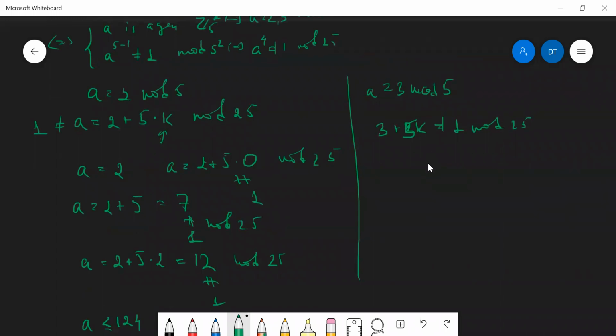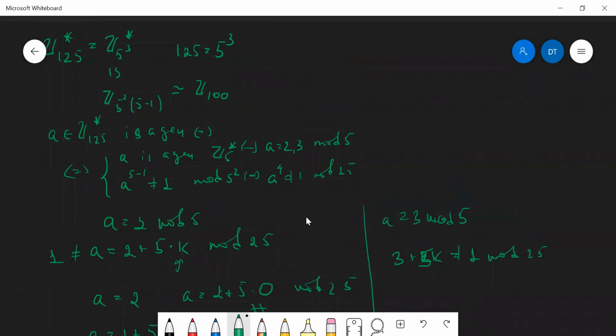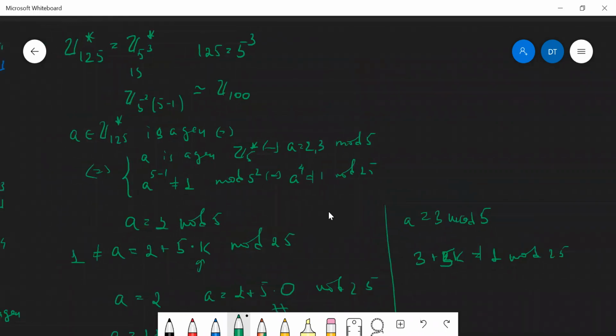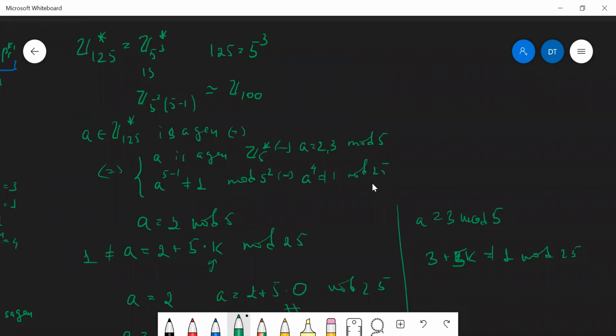May you please explain where you get the second line from? Like we have 2 conditions: A is a generator in Z5 star, and something like little Fermat's theorem. Where do I get the second line? Well, that's a secret, actually. Well, I can explain. The second condition means that element A is a generator in the group Z5 square star.